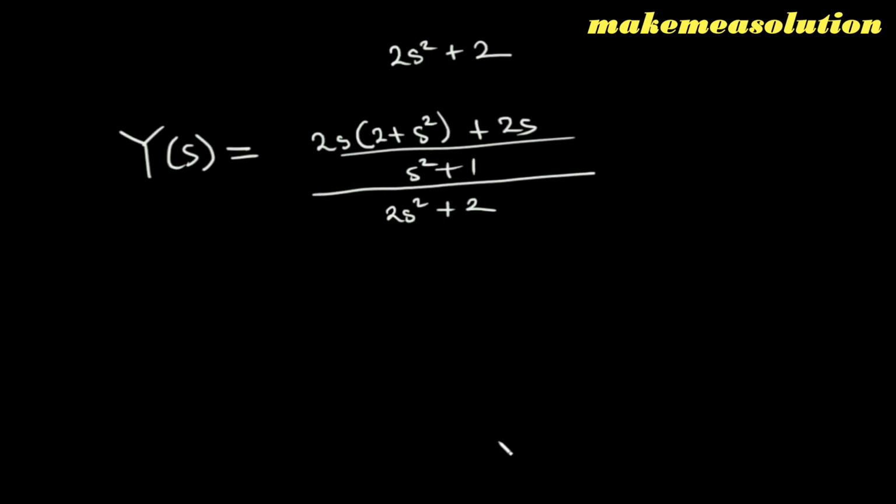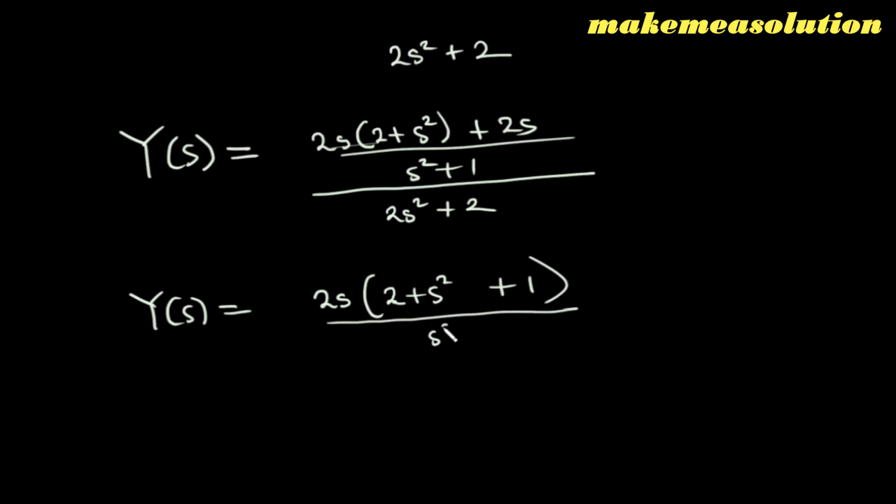Is that okay? So you have your y of s to be, you can now factor out 2s. So you have 2s into 2 plus s squared, then plus 1. I hope that is correct. When you factor out 2s, this is what you get, and you now have s squared plus 1, then all over 2 into s squared plus 1.